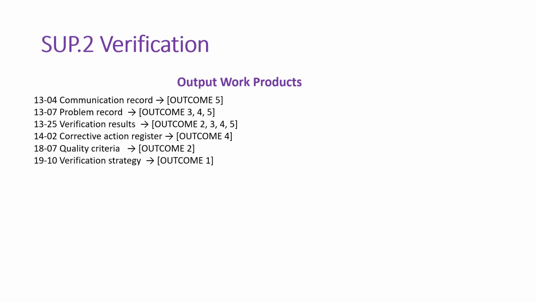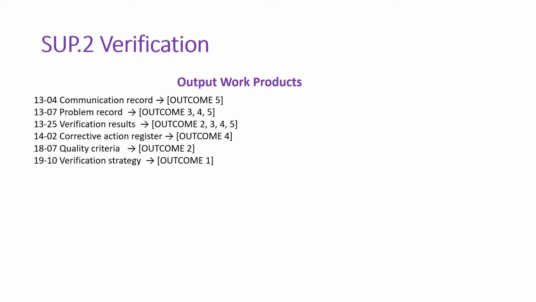And verification results: as a part of the problem record, you will have the verification results that you have identified, your review comments and so on. Location, in this particular section or in this particular module, like this particular line or something like that, you have to mention. And the corrective action register will be part of the PRM process area, the problem resolution management process area.